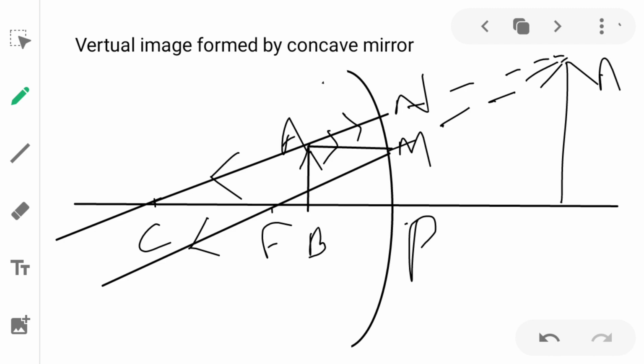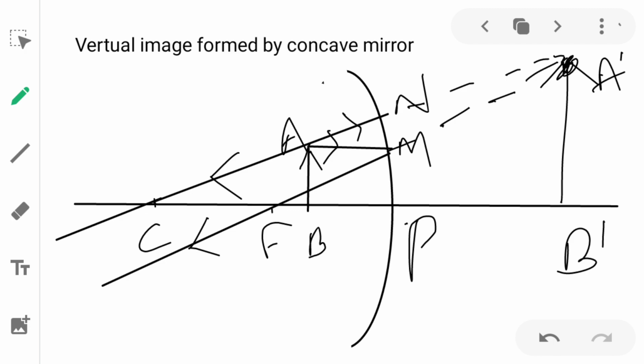So where can I get the image A dash B dash? When you extrapolate the reflected rays NA and MF in the backward direction, they meet at a point behind the mirror, which can be named as A dash, which represents the virtual image of the point A. Why is it virtual?